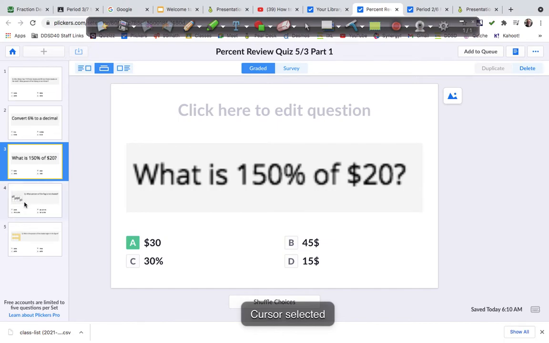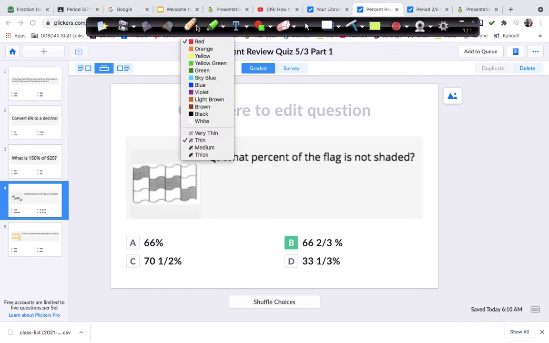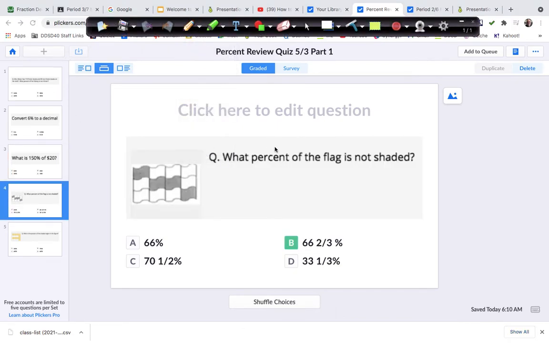Problem number 4. What percent of the flag is not shaded? Again, just like a previous problem, it doesn't say all the steps, like that you need to count up all the squares, but you do need to count up 1, 2, 3, 4 by 1, 2, 3, so that's going to be 12. So you need to know the total.